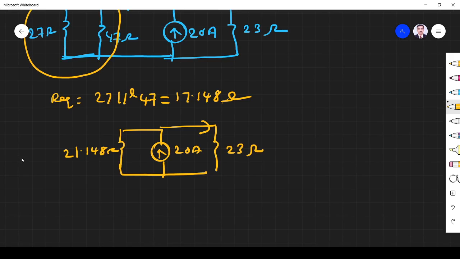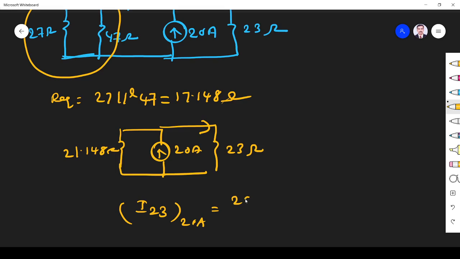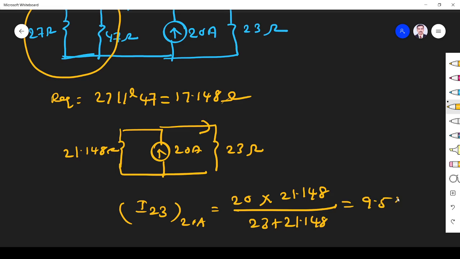Now you have a current source, so I apply the current divider rule. I through 23 due to the 20 ampere source is given by total current 20, opposite resistor 21.148, divided by total resistance 23 plus 21.148, that is equal to 9.58 ampere.